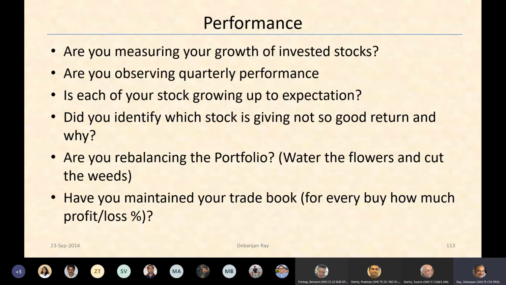as an overall group. Are you observing the quarterly performance of each of the stocks, whether it is going up to expectation? For example, you have set a benchmark that I will have a minimum 12% return overall annually. Okay, I have a much better expectation.